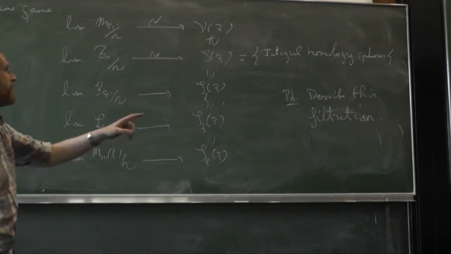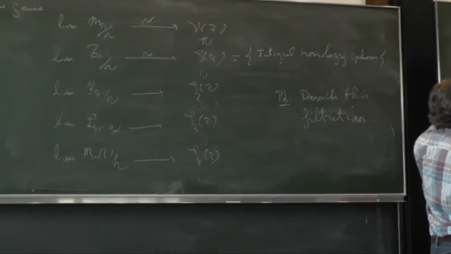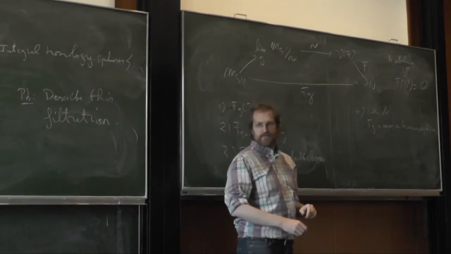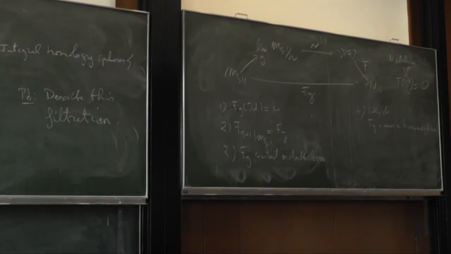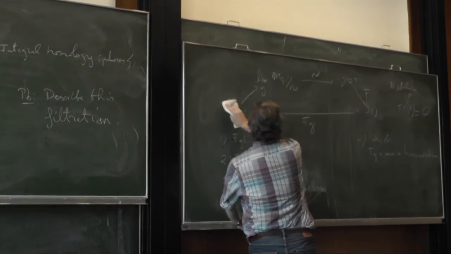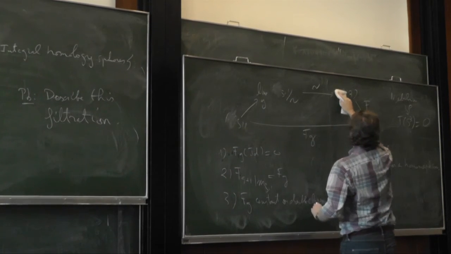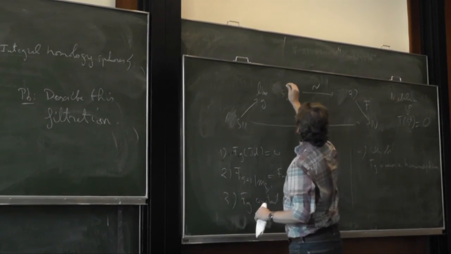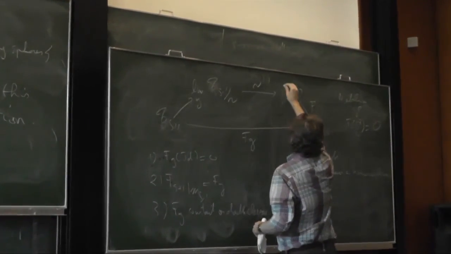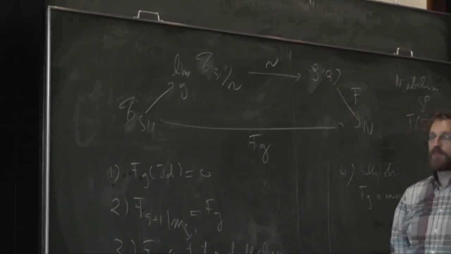So let's play the same game now here, but with the Torelli group instead of the full mapping class group. So I will shamelessly take advantage of the blackboard to just erase things. You take the limit of the Torelli groups to build any integral homology sphere.